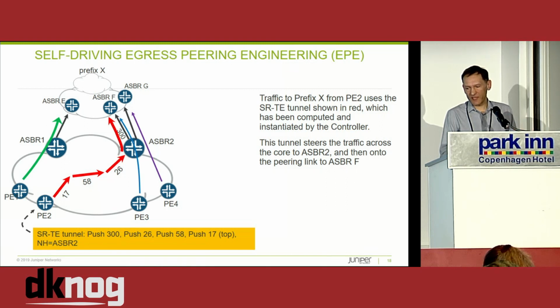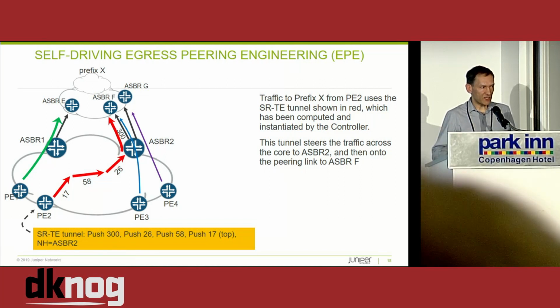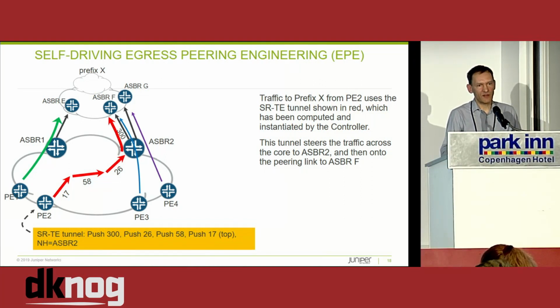But then the final label in the stack is the label required to actually take it on the final hop from your ASBR to the peer ASBR. And so, in effect, the controller is having the PE send the traffic to the ASBR that it's chosen, and furthermore the egress peering link that it's chosen. And so that's bringing a greater level of automation to the peering layer of the network, as well as the internals of your own WAN network.